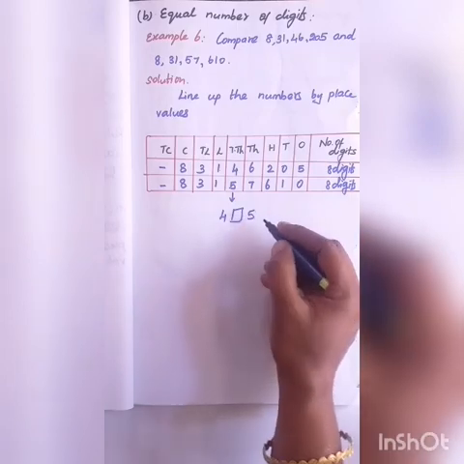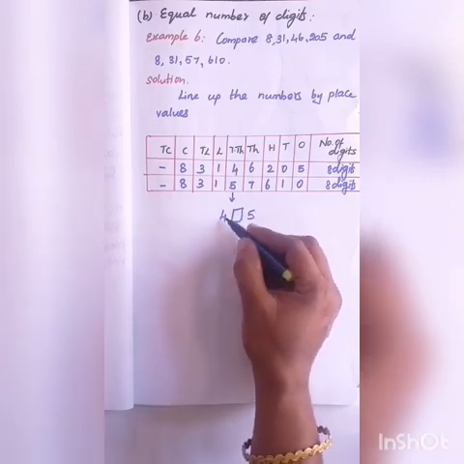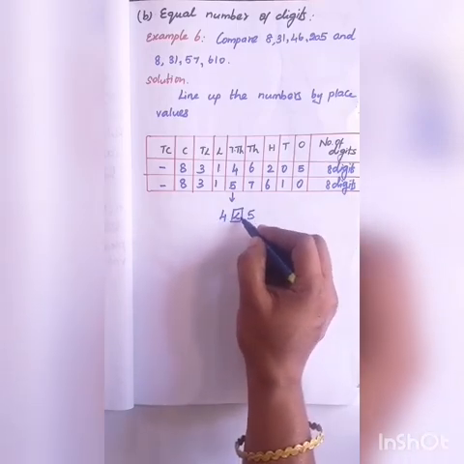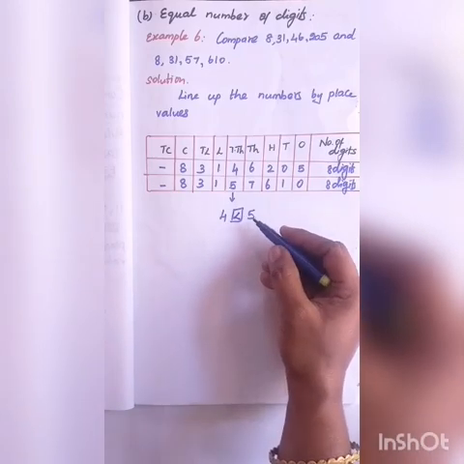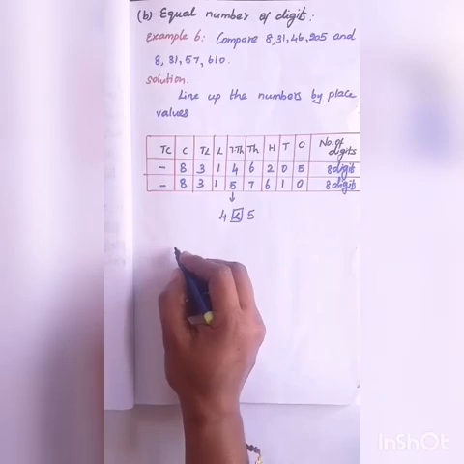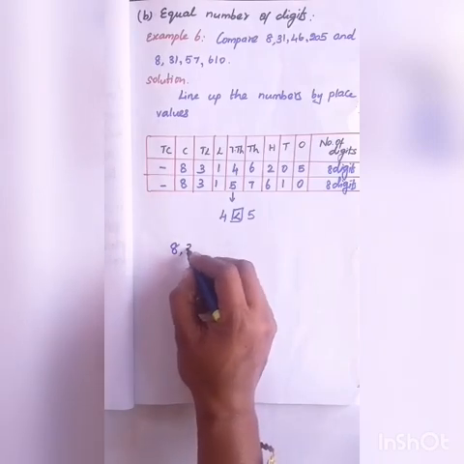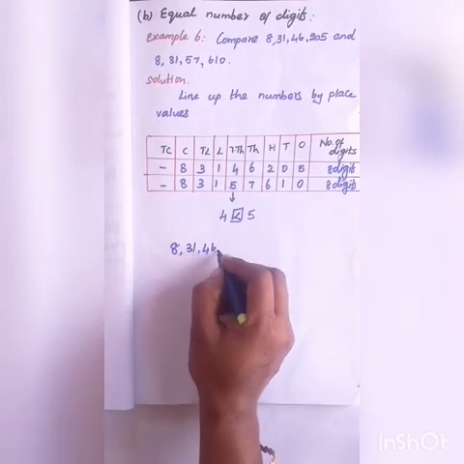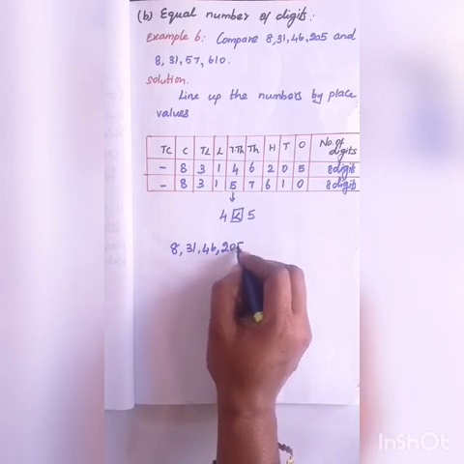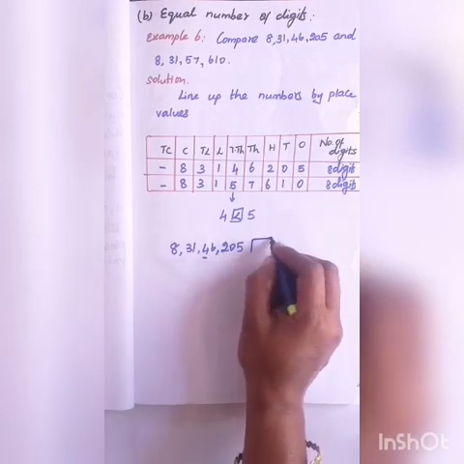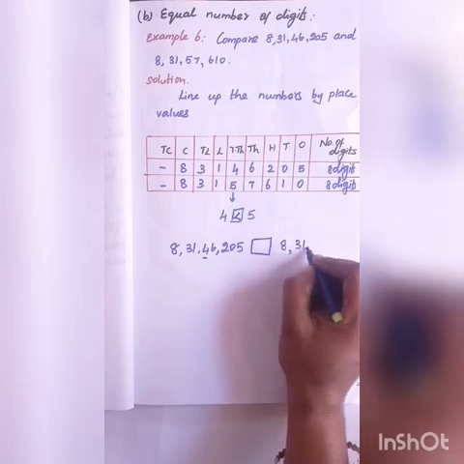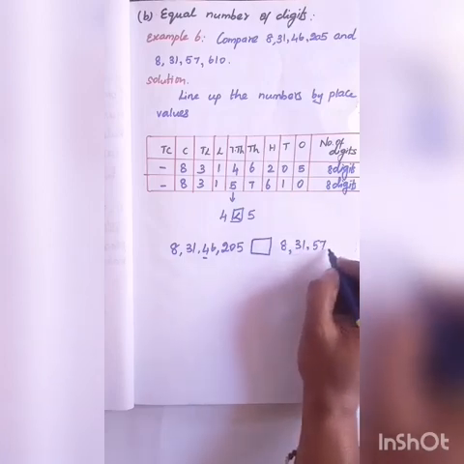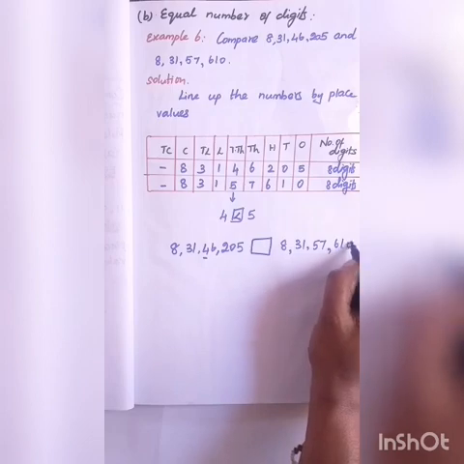You already know that 4 is less than 5. So write the number 8 crore 31 lakh 46,205. You have 4 in that place. 8 crore 31 lakh 57,610.